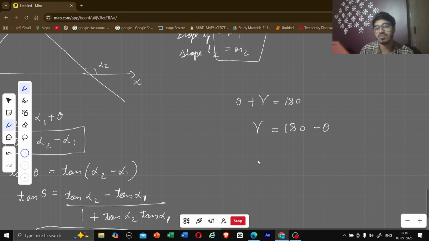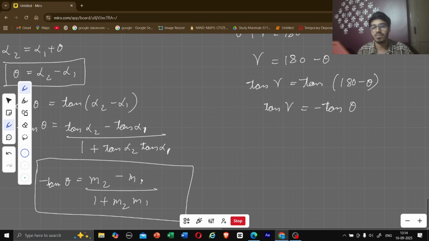Now, apply tan on both sides. Tan gamma is equals to tan of 180 minus theta. So, tan gamma is equals to, what is tan of 180 minus theta? Minus tan theta. So, we already know what is tan theta.